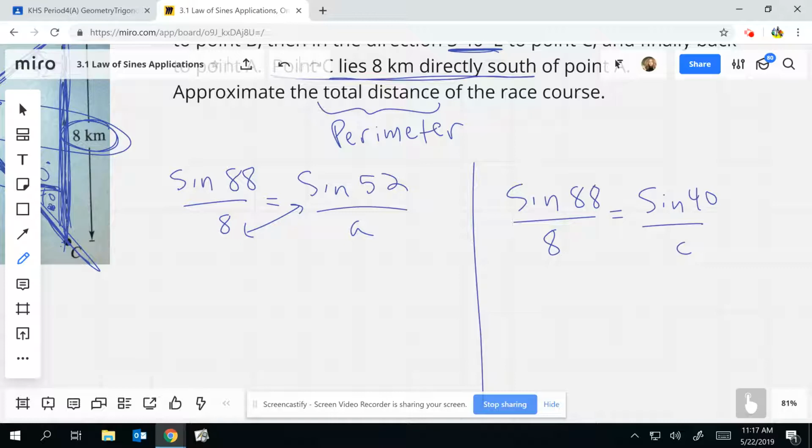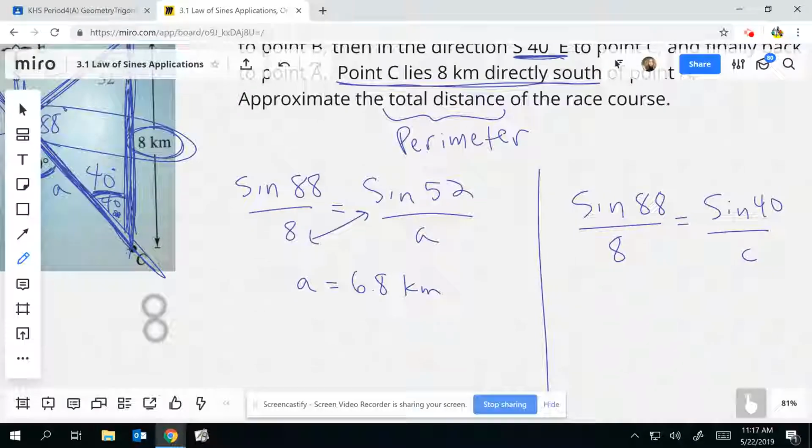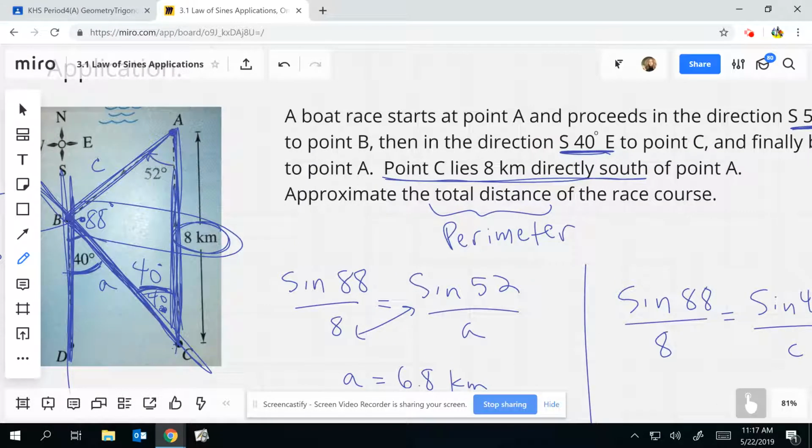Sine of 52 times 8, and then divide by the sine of 88. That gives us 6.3 kilometers for side A, across from the 52 degrees.